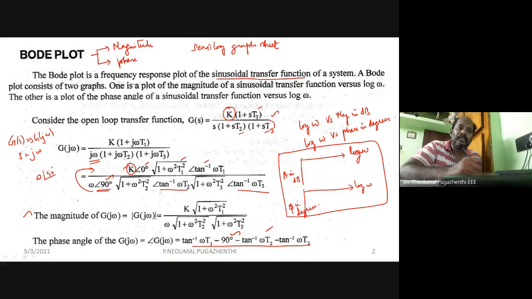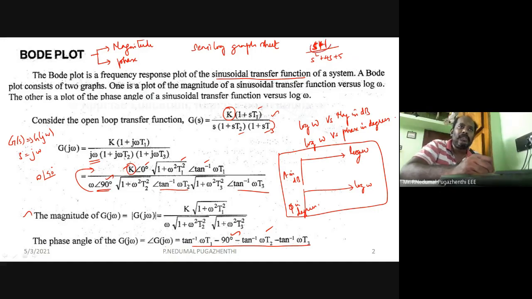Whether the factor has a magnitude alone, whether it has any phase angle, whether it is a first order term in the numerator, whether it is a second order term in the denominator, whether it is a quadratic function, because you may have a transfer function like 1 by s squared plus 4s plus 5. Or you may have a transfer function s plus 1 divided by s squared plus 4s plus 5.